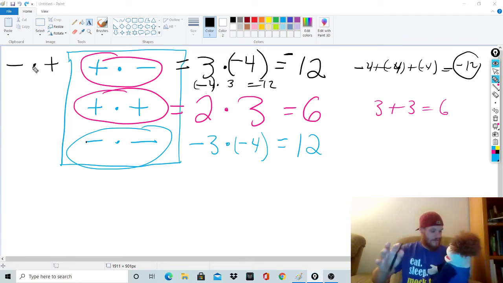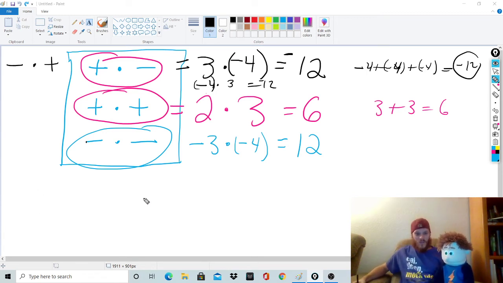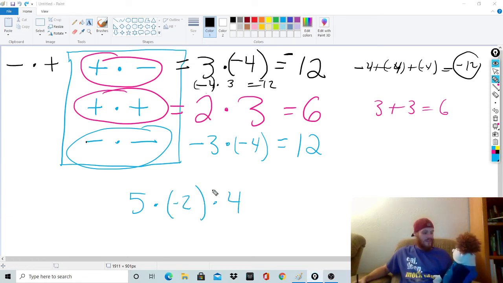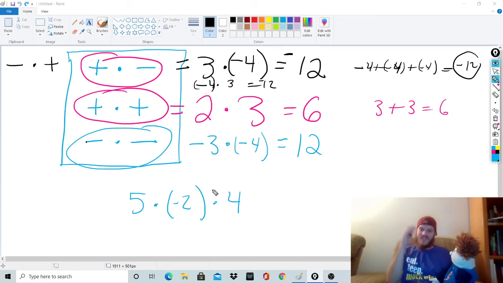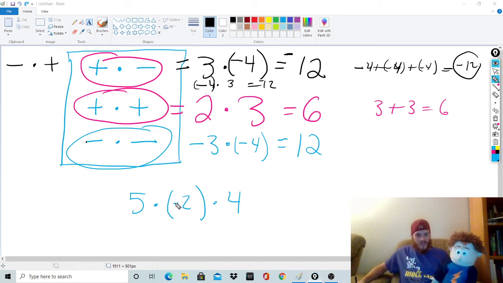There's more. A lot of times what you might see is 5 times -2 times 4. There's 3 of them. But it's okay. Because of order of operations, you're just going to go in order, and the same rules still apply. So look, the first number is 5 times -2.